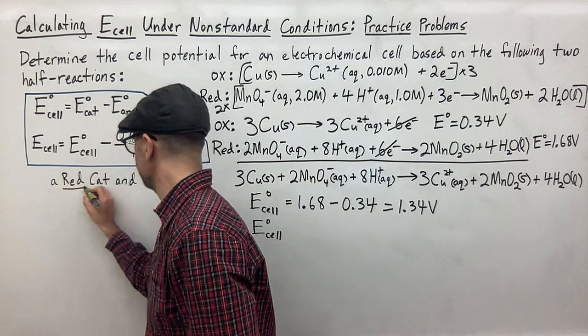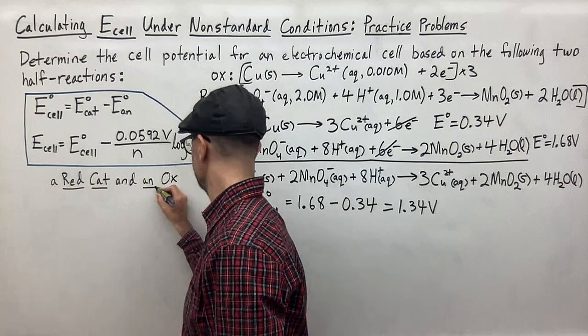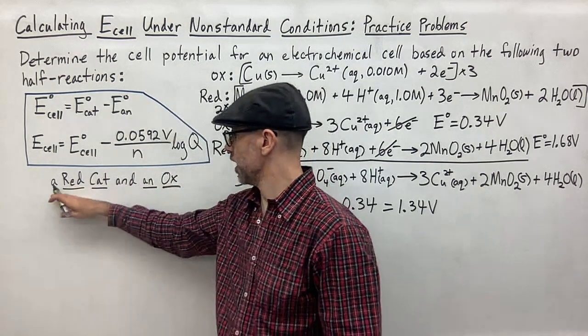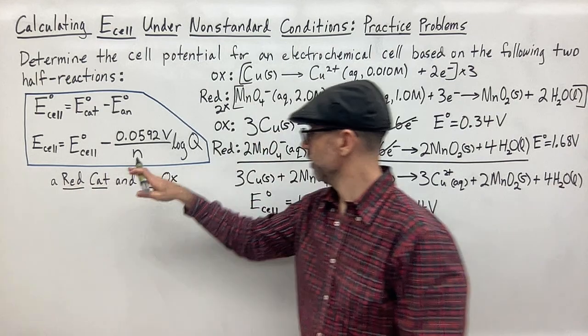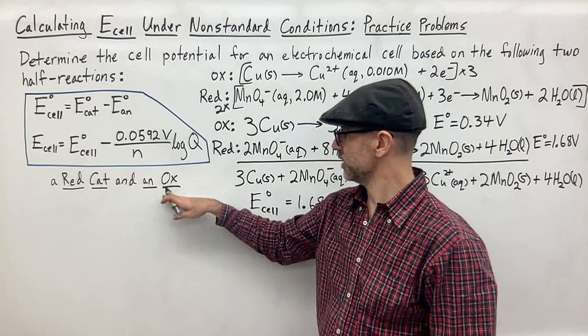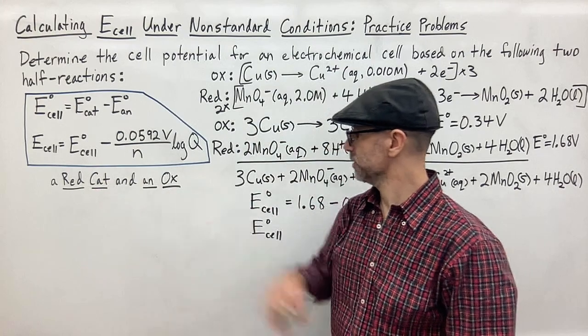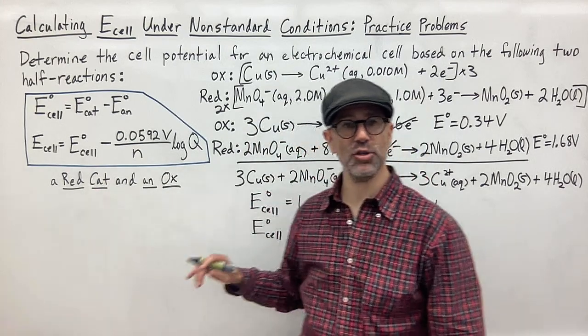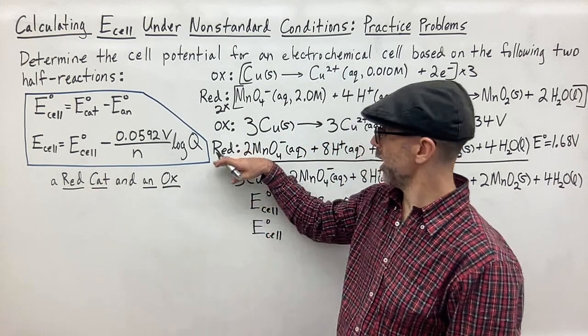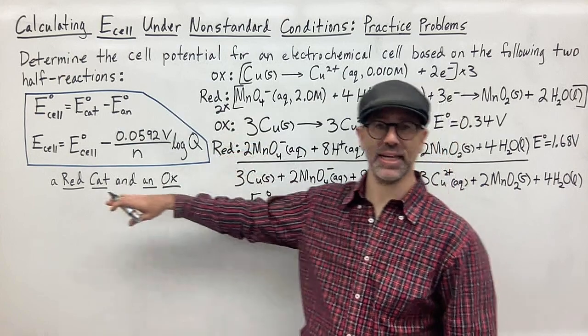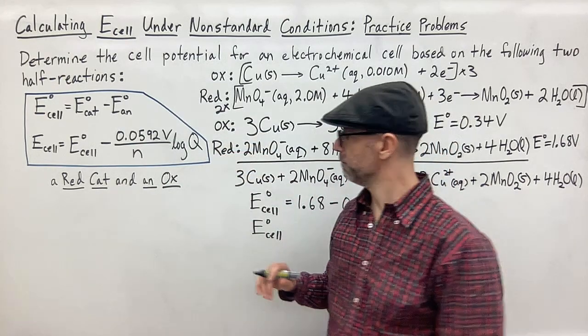A red cat and an ox. So reduction happens at the cathode, and oxidation happens at the anode. Red cat and ox. Okay, so that's a good mnemonic device to help you remember where oxidation and reduction happen in your electrochemical cell.